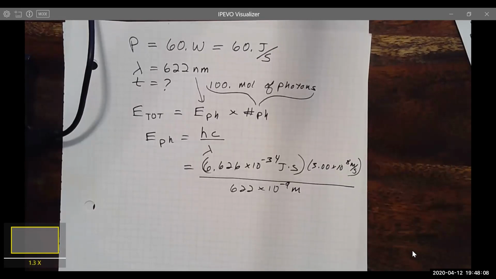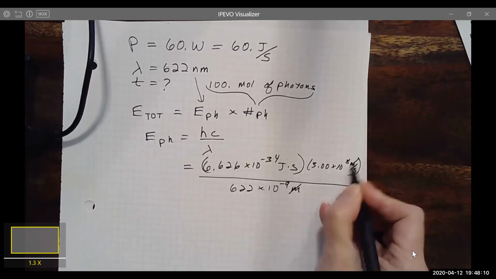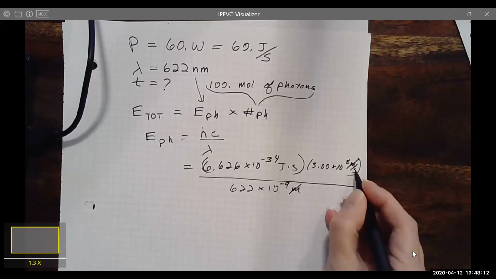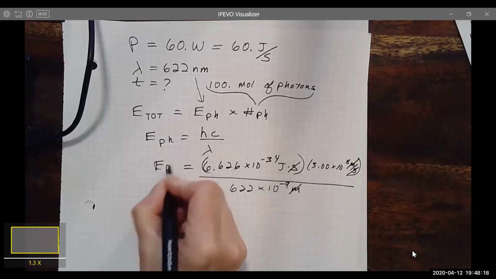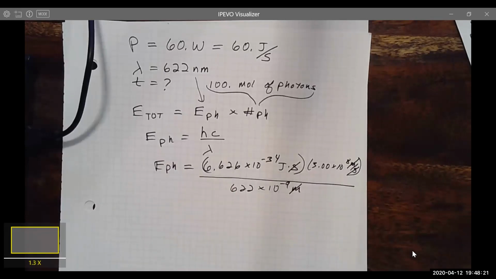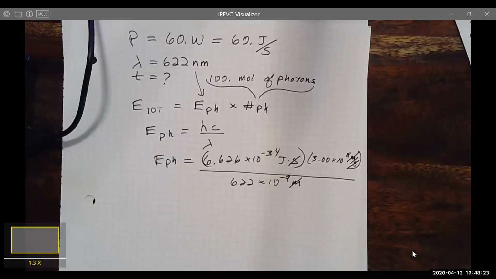If we look at our units, the meters cancel, the seconds cancel, and we're left with just joules, which is what we want, because we have energy of a photon. And so pause the video and put those numbers in your calculator and see if you come up with the same answer I do.